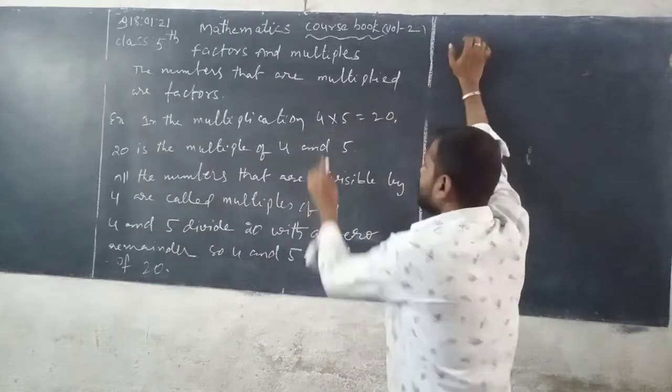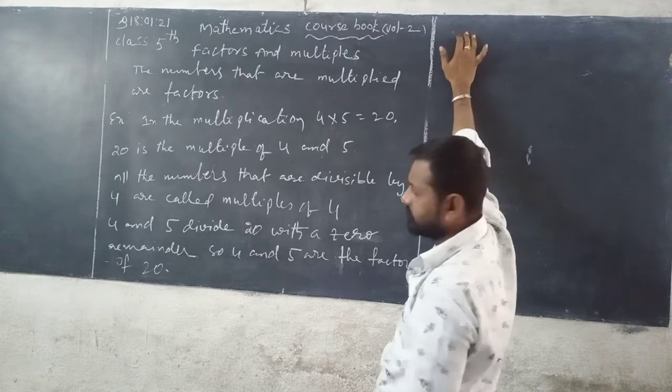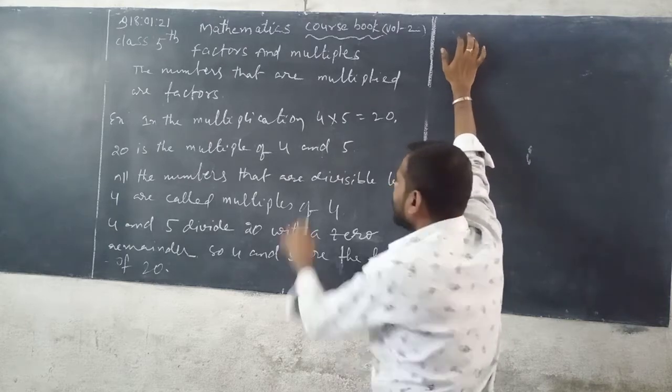See here, 4 into 5 you get 20, beta. Here 20 is the multiple of 4 and 5.